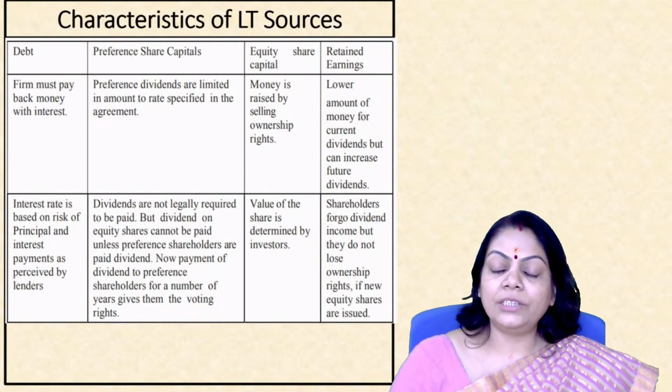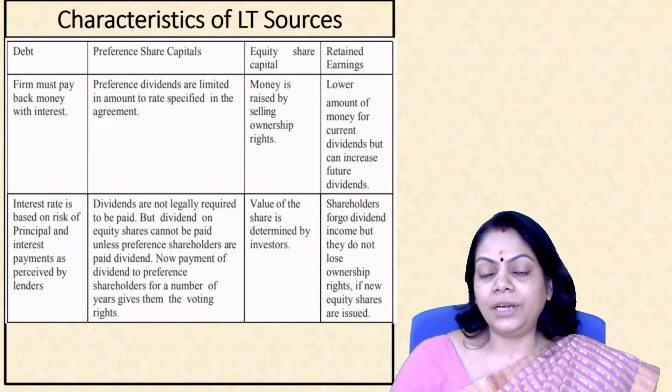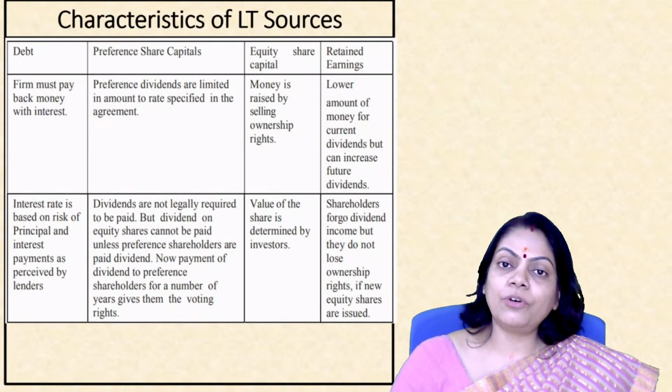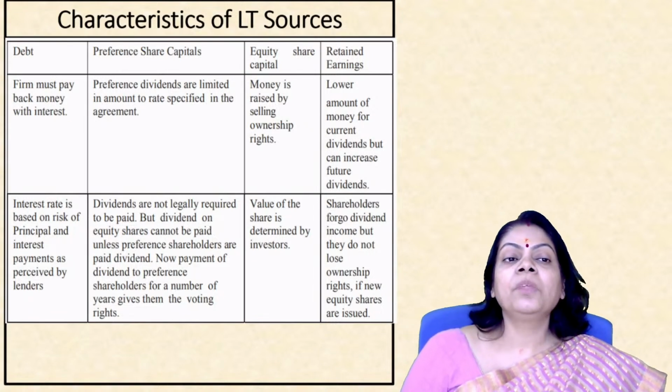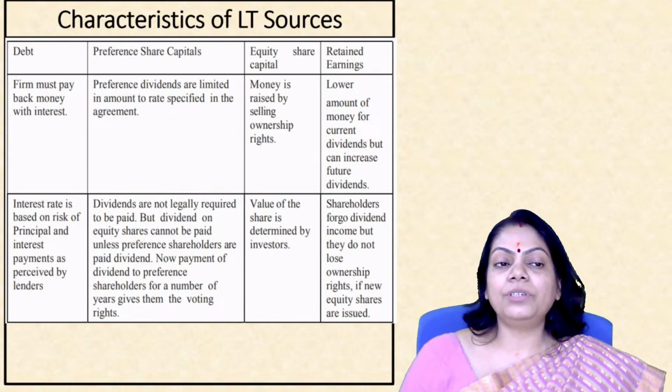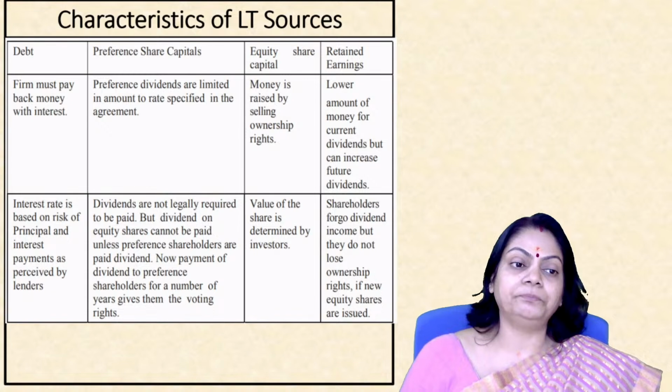As we know, debt is a loan capital, equity is an ownership capital, and retained earning is the part of the profit which has not been distributed. So it is also called internal equity. And then you have the preference capital, which is the hybrid between the debt and the equity.